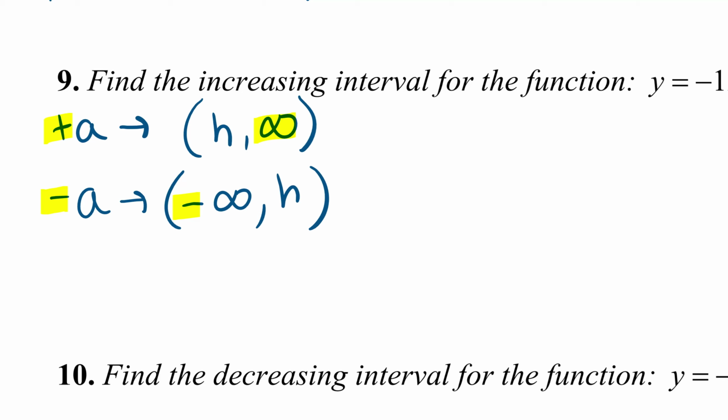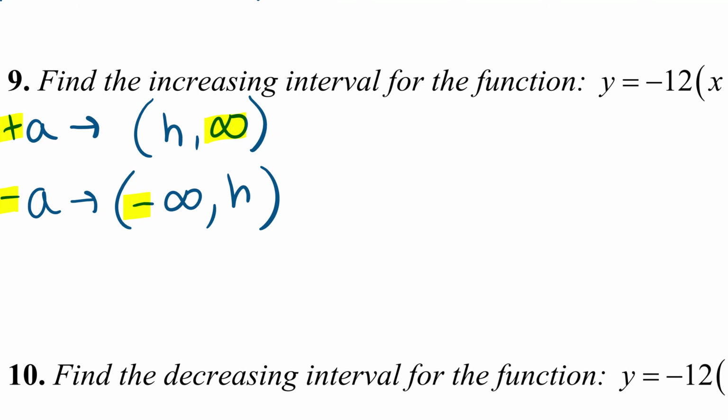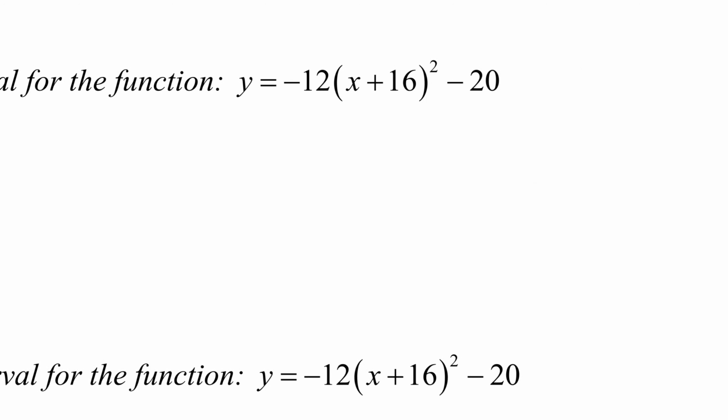So the first thing I'm going to do, of course, is label these, because actually I don't need to label a whole lot, I just need h. So if I go over here, because I have y equals, I have x minus h squared plus k. So notice my h is 16. And like every other question I've been saying, whatever is in parentheses, you have to change the sign.